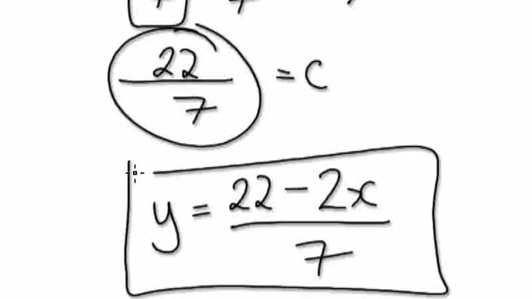If you want to know it as a decimal, just jump to a calculator, minus 78 divided by 7.